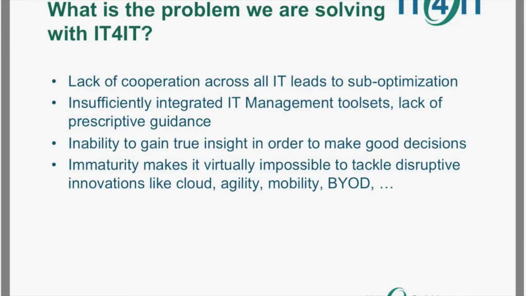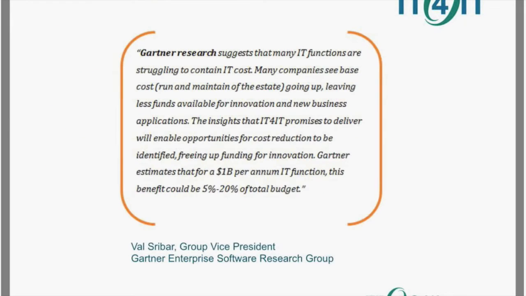So I want to note that Gartner has captured this actually quite well in their analysis in the space, and I'll let people read this here. But the essence of this is that the IT functions companies are struggling to contain costs, and any money they spend on their internal operations is money that isn't being invested into new IT to help differentiate the business.